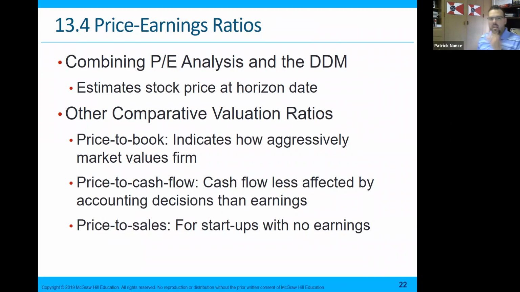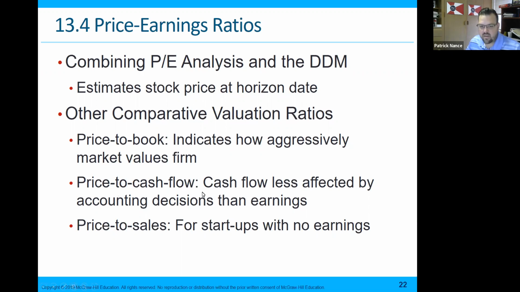All right, combining the PE analysis and the discount models, it estimates the stock price at the horizon date. Other comparative valuation ratios: price to book ratio, the price per share divided by the book value per share. This is often a useful measure because it's a fundamental value, so treat this ratio as an indicator of how aggressively the market values the firm.